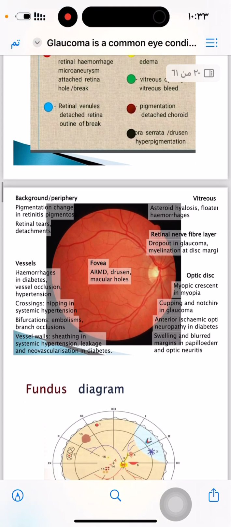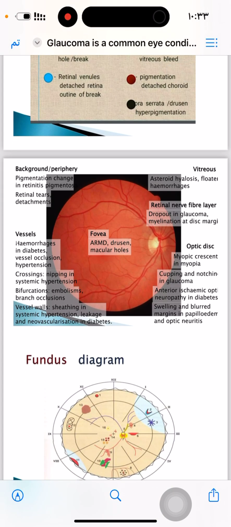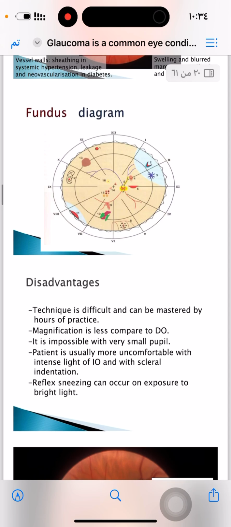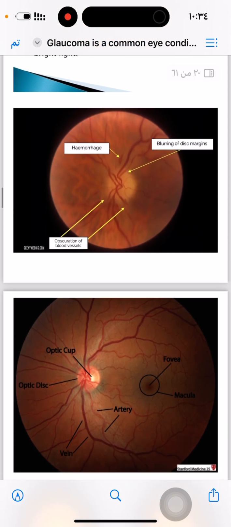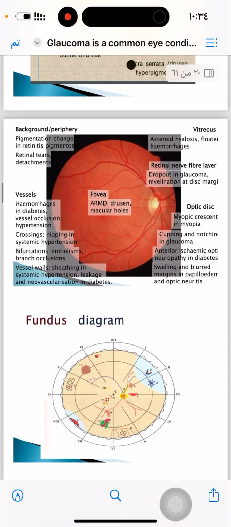Very well, we see this is the retina. We see vitreous, vessels, nerve fiber, optic disc, and fovea. Another thing is this fundus diagram. We see these abnormalities differ from the normal.